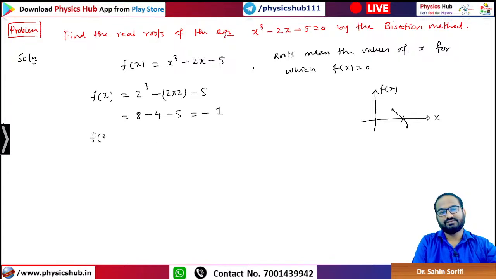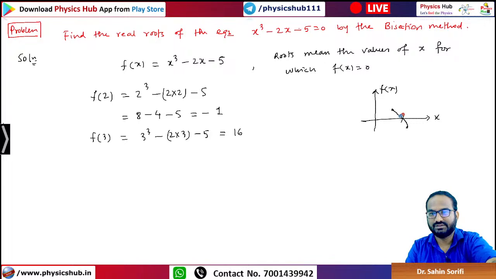But as you take f of 3, it is 3 cube minus 2 into 3 minus 5. 27 minus 6, 21 minus 5, 16. So this is positive. So obviously the root will lie between x equals to 2 and x equals to 3.